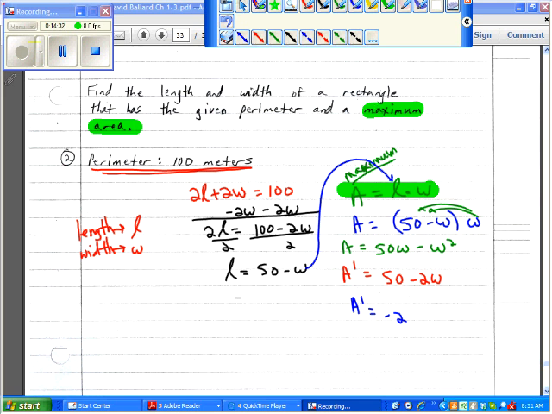Now, the second derivative is a constant, and that might be boggling your mind, but it shouldn't matter. It means that at the critical number in the first derivative, whatever that critical number is, the second derivative is going to be negative.